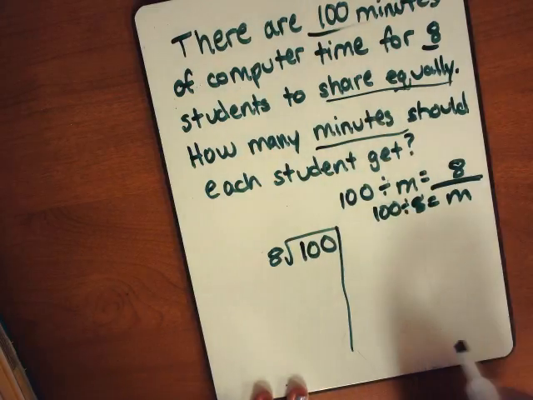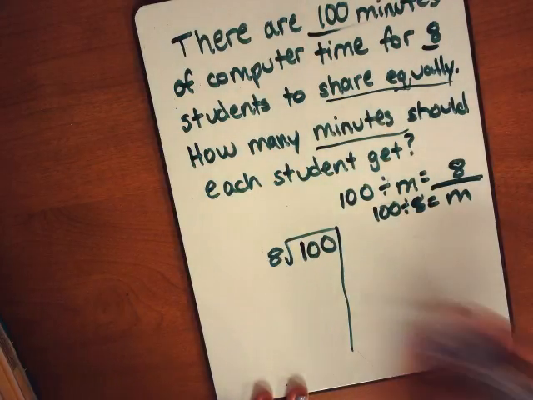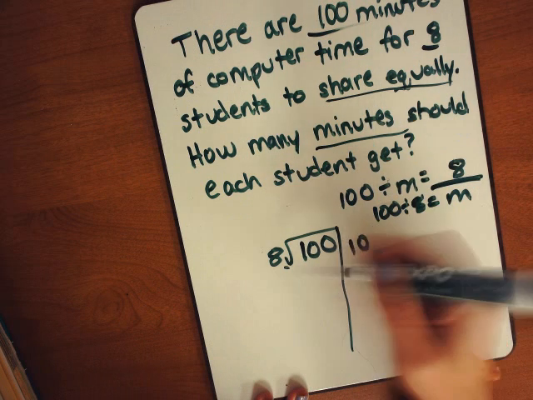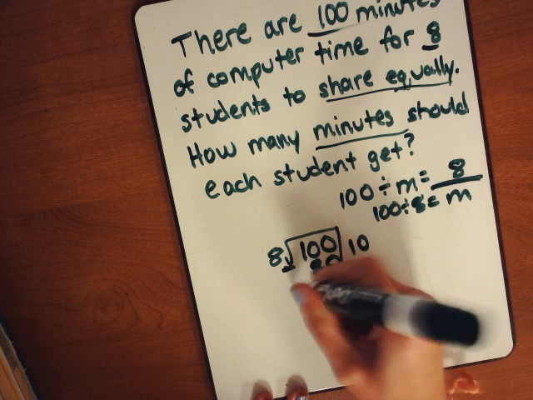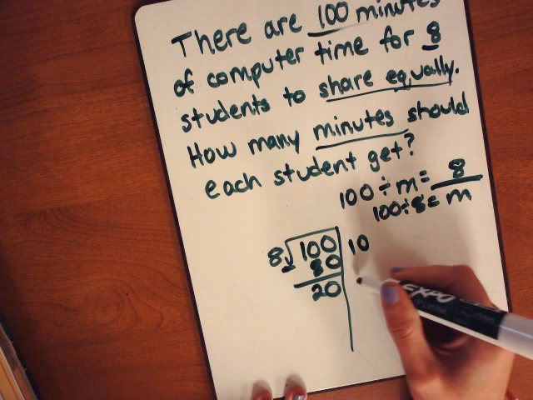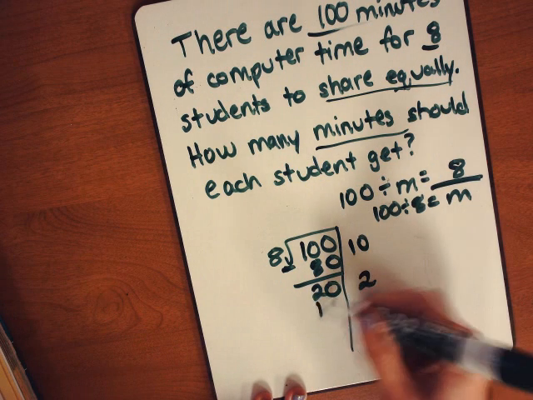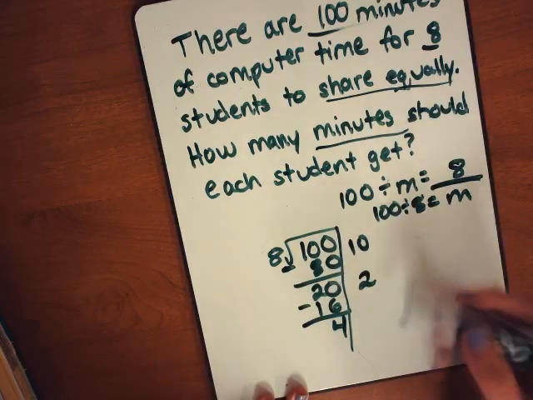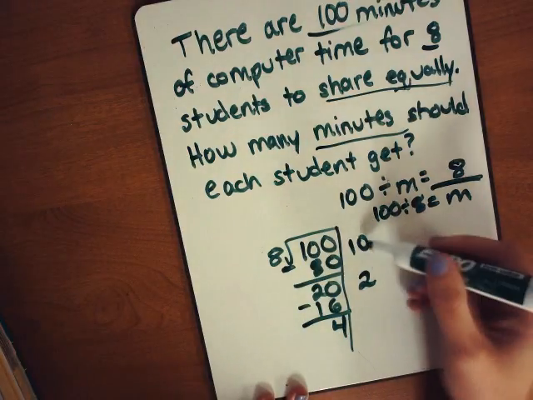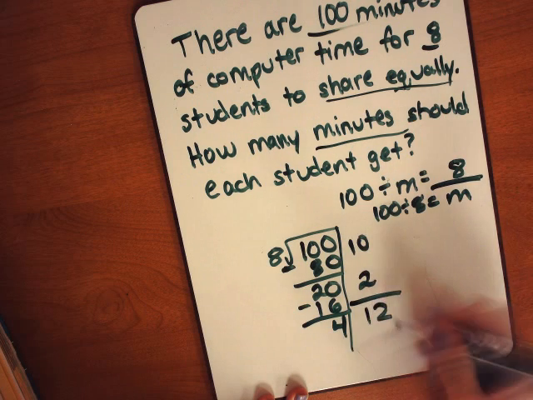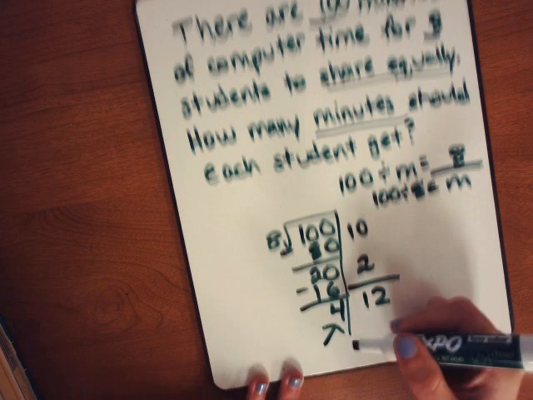You may use the traditional algorithm if that's what you prefer. I know that 10 times 8 gets me 80. 20 left over. I know that 8 times 2 is 16 with 4. So right now my quotient is 10 plus 2, or a total of 12, with a remainder of 4 right there.